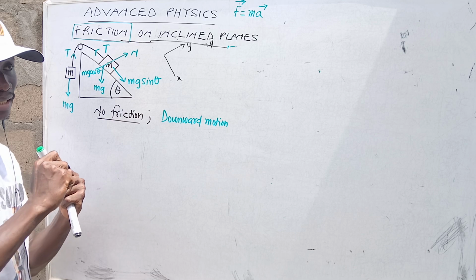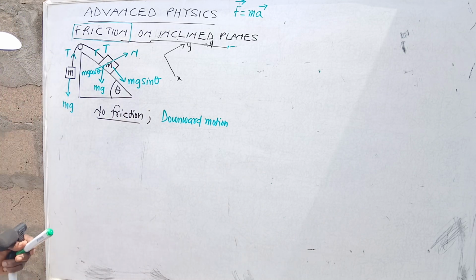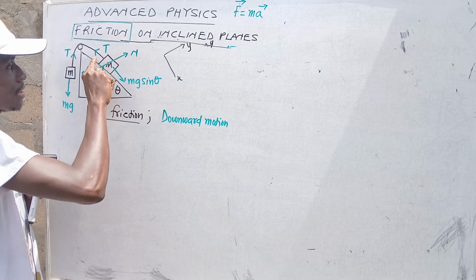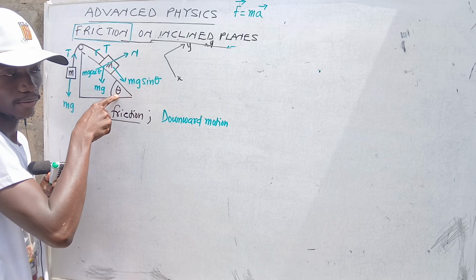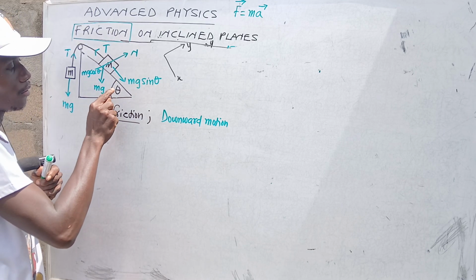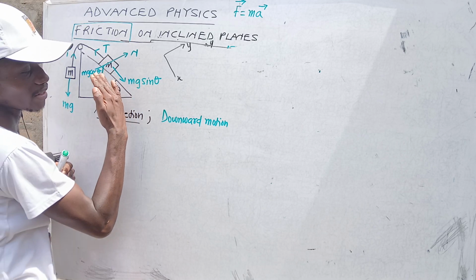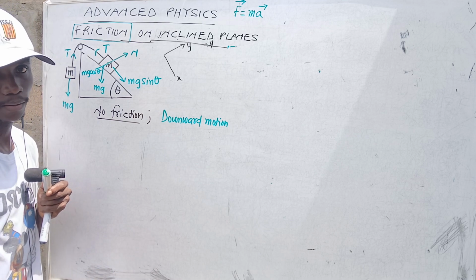Otherwise, there will be an infinite acceleration. Now, the mere fact that this is greater than that doesn't mean the whole object will have to move downward. It depends on the angle theta. At a critical angle, a little push or a little increasing angle would cause the whole thing to move downward.